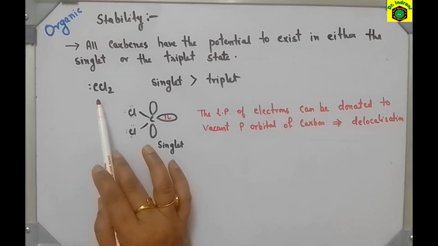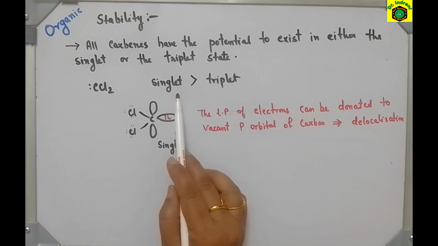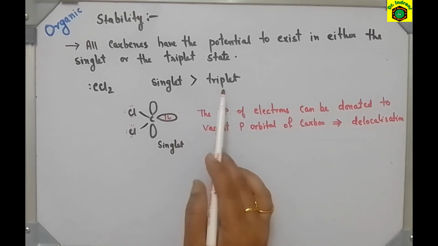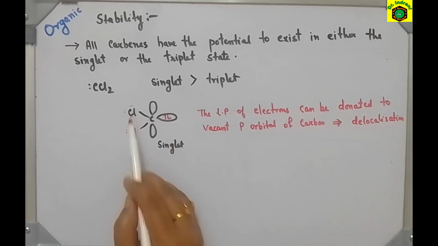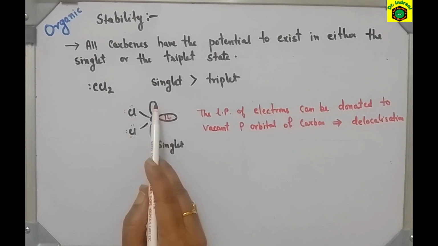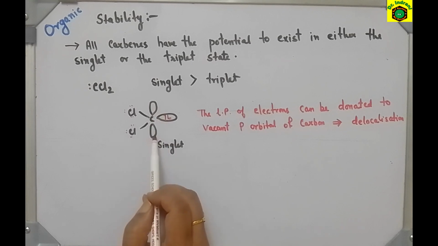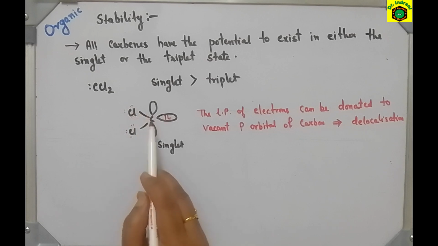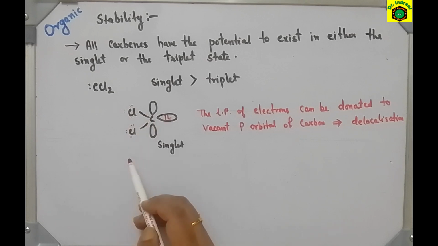For dichlorocarbene, the singlet state is more stable than the triplet state, because chlorine has lone pairs of electrons, and the p atomic orbital of chlorine with a lone pair can overlap laterally with the empty p atomic orbital of singlet carbene. Stabilization, or you can say delocalization of electrons, is possible here.